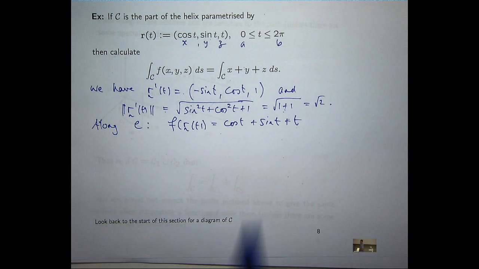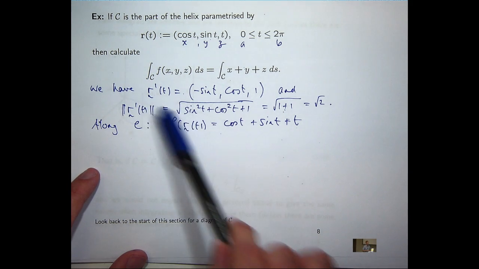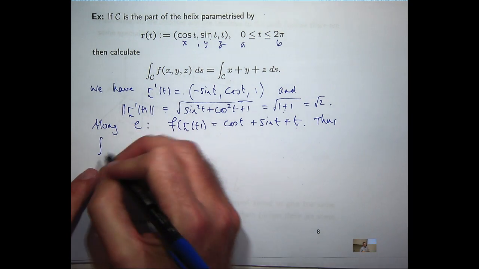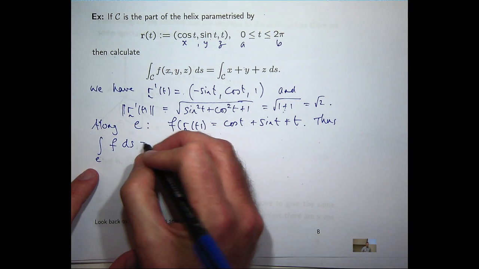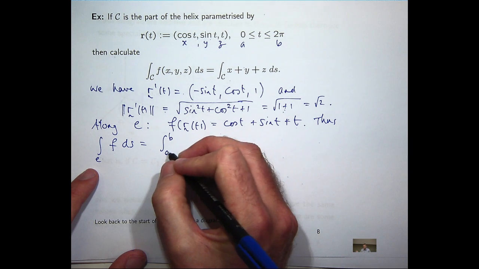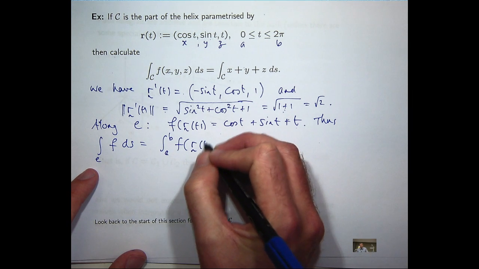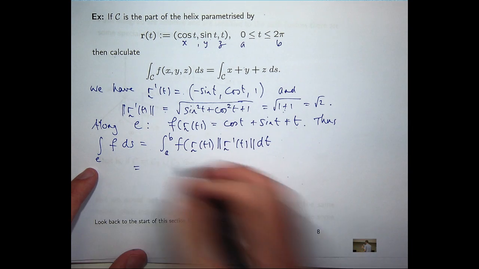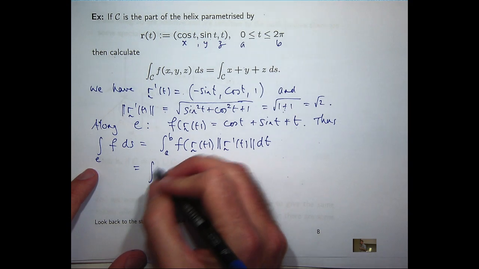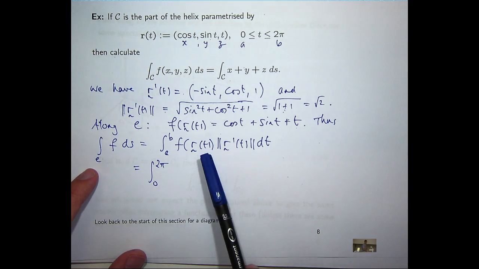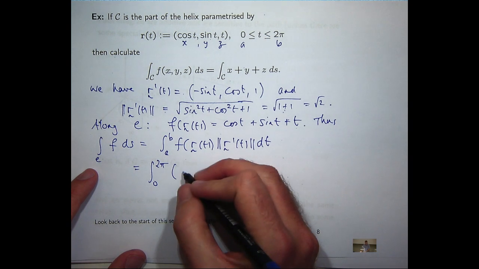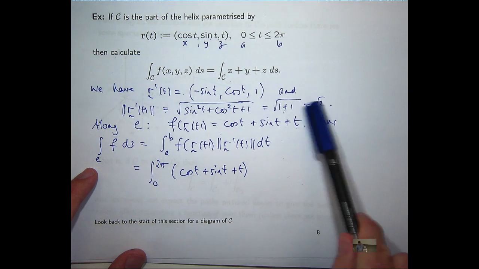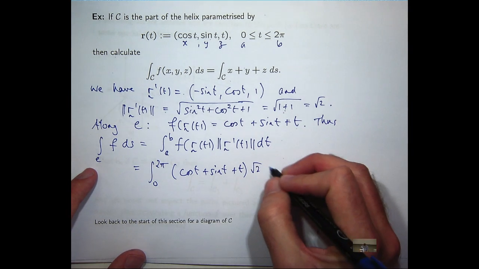Now what we want to do is take these two, multiply them together, and integrate with respect to t. So our limits of integration are 0 and 2 pi. Our f of r is here. Our magnitude of our tangent vector is root 2. And so I just want to integrate here.